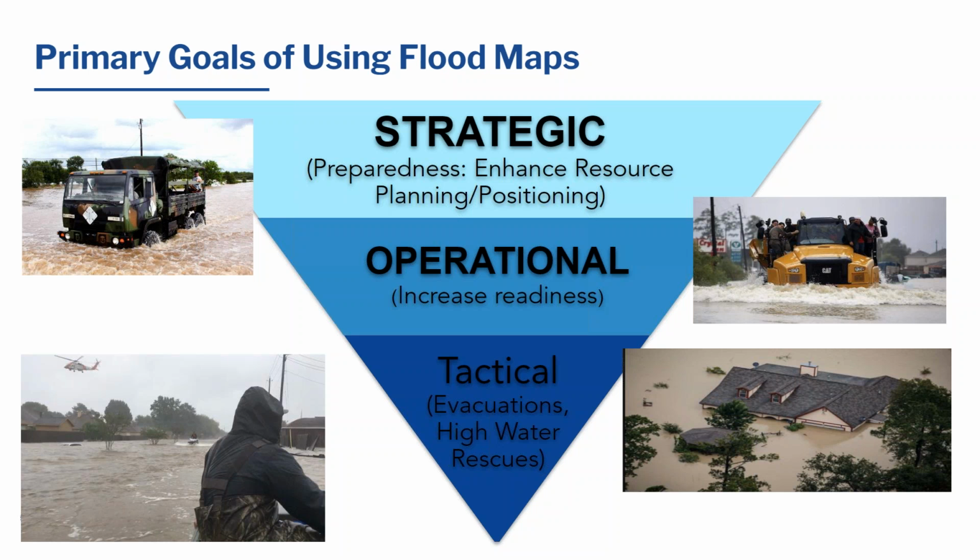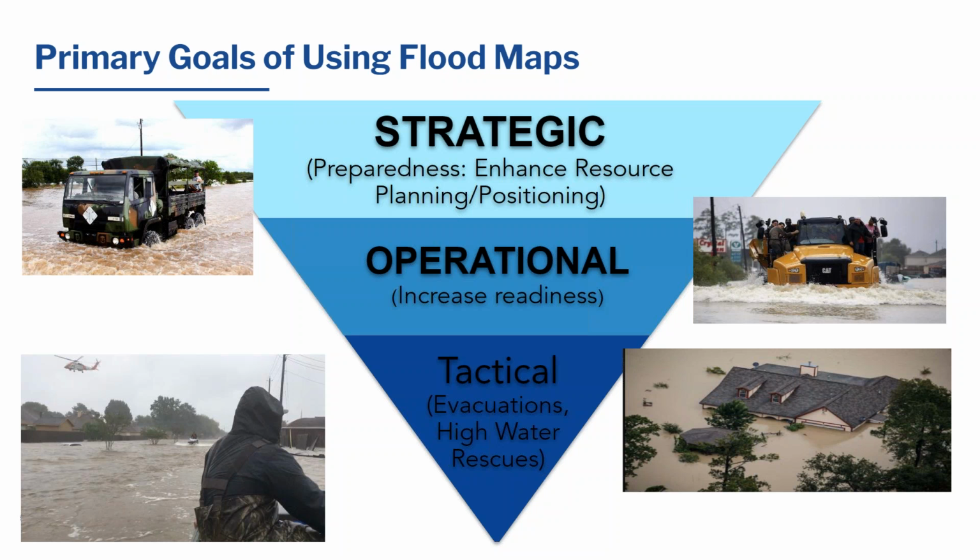Do they need to move resources from one portion of the state to another? Some counties might be strategically using maps in the pre-event timeframe as well, but they're going to be more so geared towards using these in an operational setting where it basically helps them to increase their readiness. Where do we need to be putting extra resources, a couple of hours in advance?